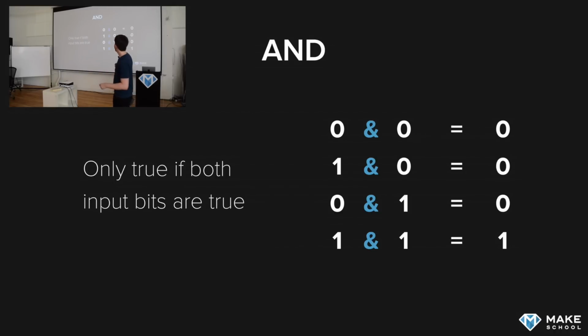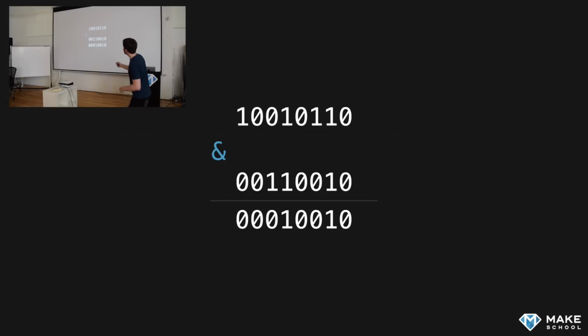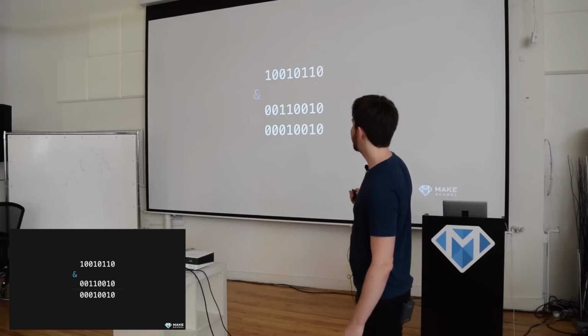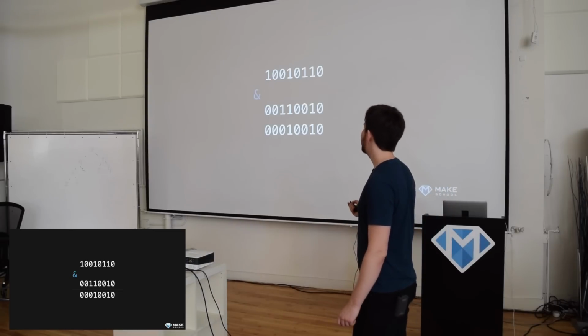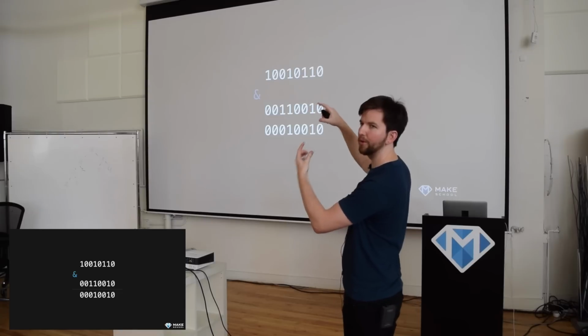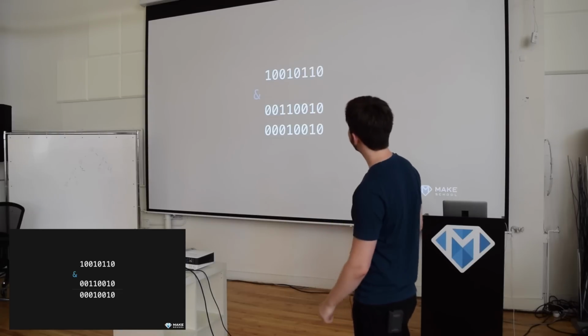But why do we have this like single and operator? What does that actually do? Well, it operates on whole rows of bits at the same time. So if we have this binary string and we do an and with this one, the result is this. So it starts column by column and goes through and does a bitwise and on it.